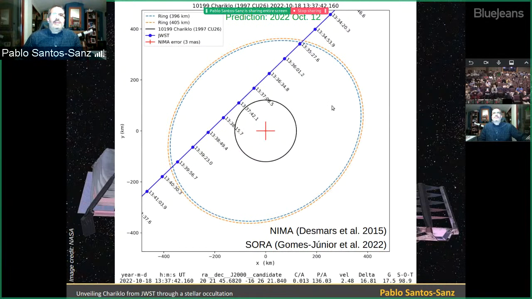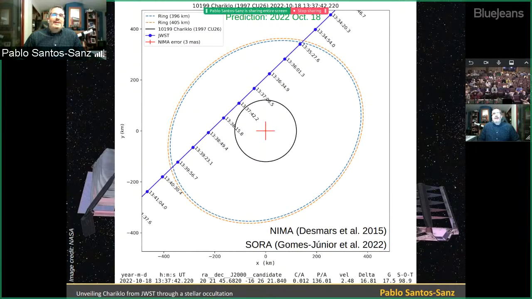We had triggered the target of opportunity, so we couldn't do anything. Just wait, cross our fingers, and wait for a good detection. This was the prediction that we did for the same day of the occultation, very similar to the previous one.